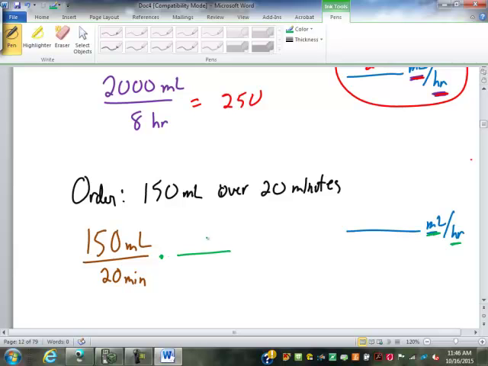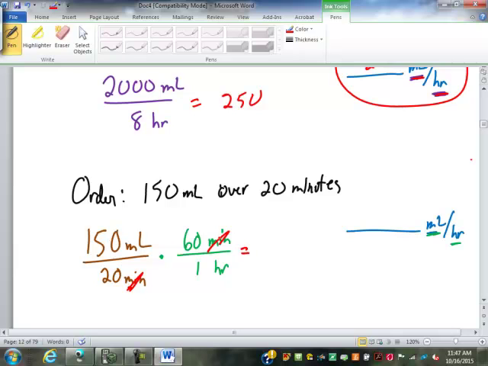So I have to get rid of minutes and go to hours. Why did I put the minutes on top this time? Because the minutes started out on the bottom, so they have to cross cancel out. This is dimensional analysis again. It works for other types of problems other than just dosage calculation. This time the order is already a rate, so we don't have to put it over 1. The minutes cancel out.